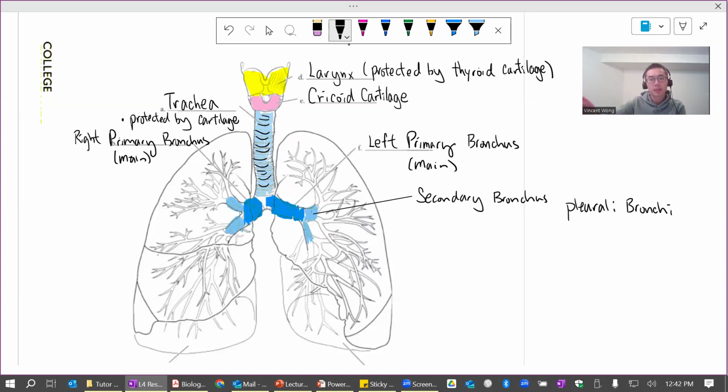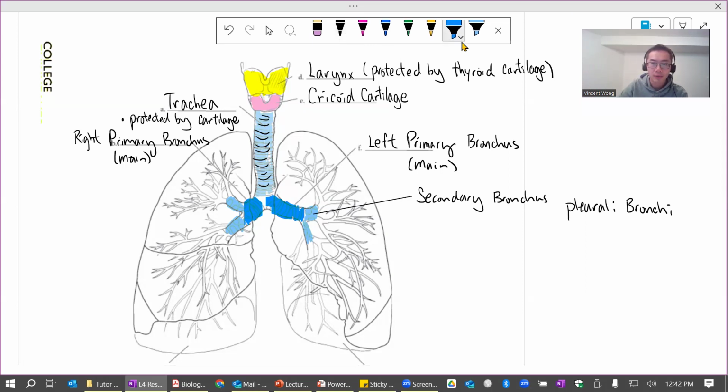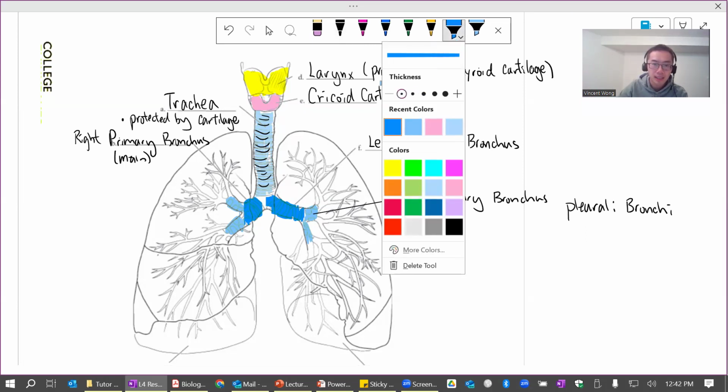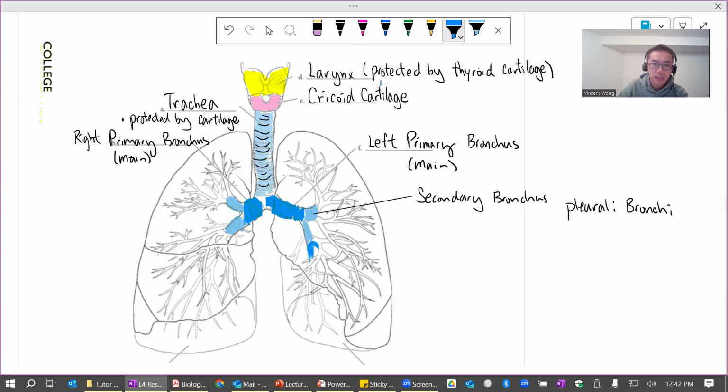From the primary, they split into secondary, and you can see where this is going, right? It's going to split again into even smaller ones, which would be called the tertiary bronchus.